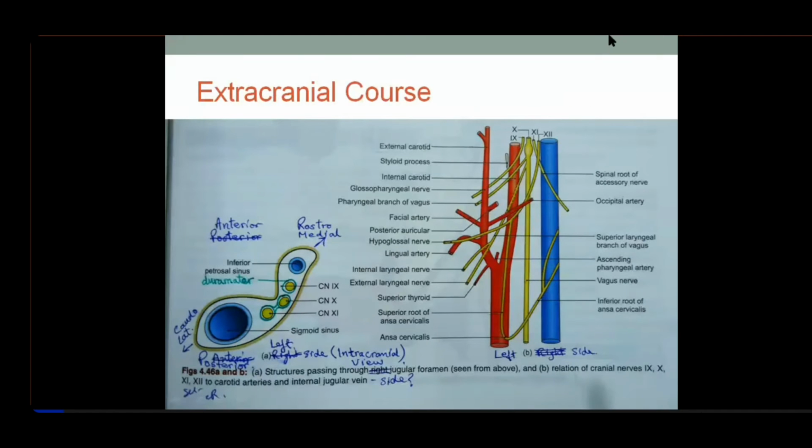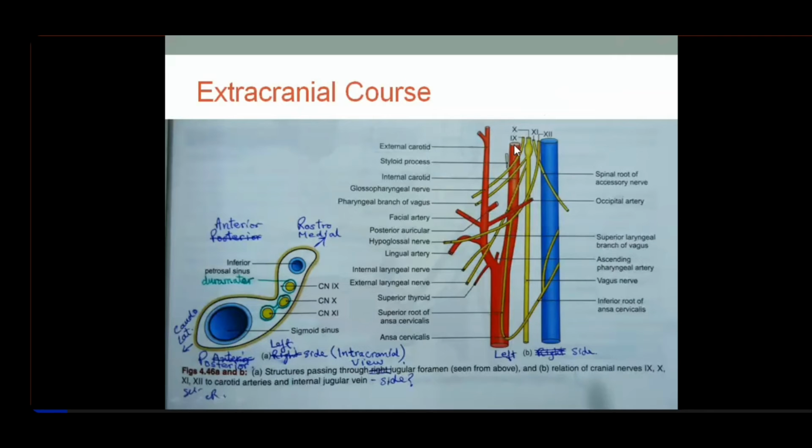Now we will talk about how this is running in the extracranial course, right? So just imagine here, first of all you have the orientation of this diagram. You see the arteries are medially placed and the veins are laterally placed in the neck, and the vagus in between. So all this is being covered by the common carotid sheath, that modification of the cervical fascia.